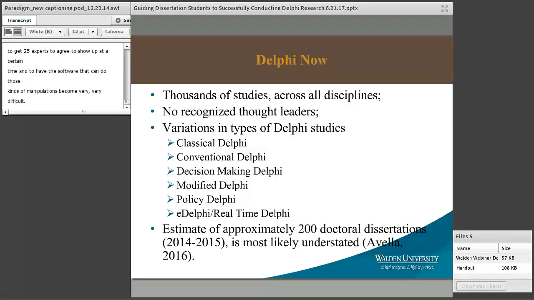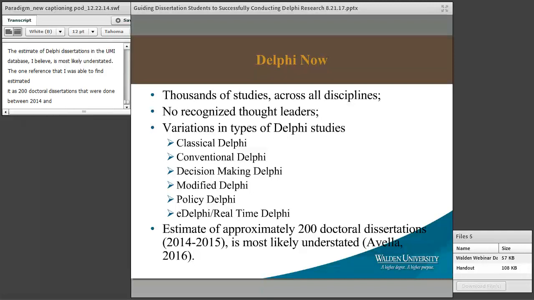The estimate of Delphi dissertations in the UMI database, I believe, is most likely understated. The one reference that I was able to find estimated it at 200 doctoral dissertations that were done between 2014 and 2015.